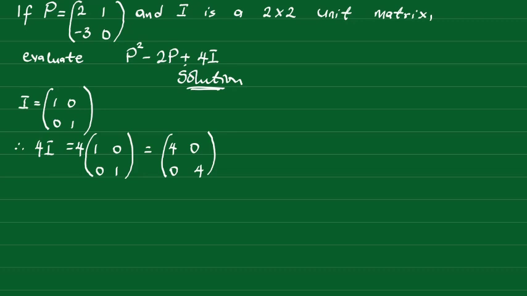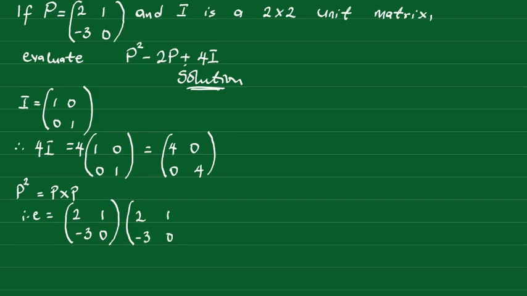Next, we find our value for P squared. We have the fact that P squared is equal to P times P. That is, our value for P is (2, 1; -3, 0) times (2, 1; -3, 0).